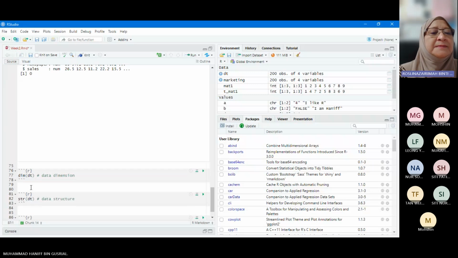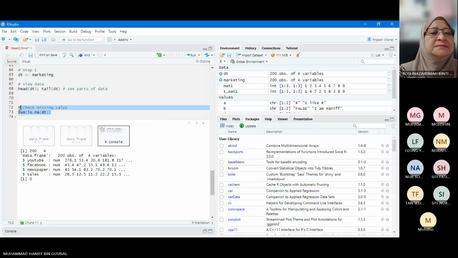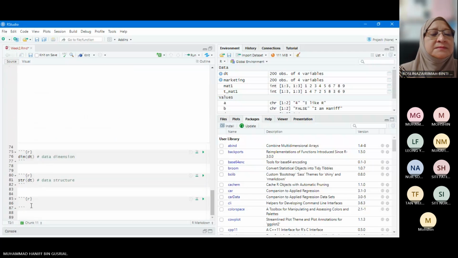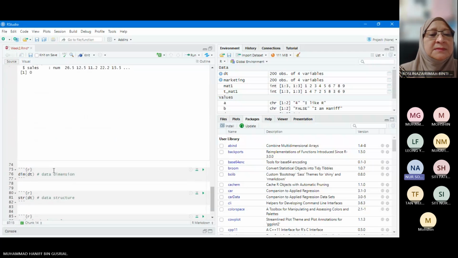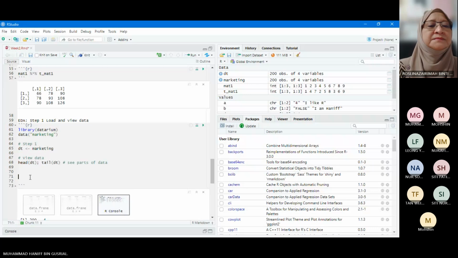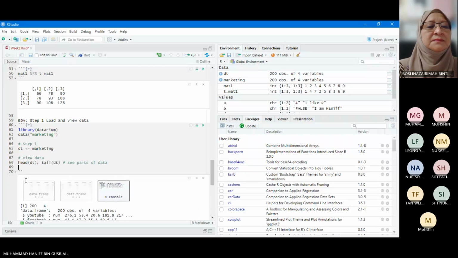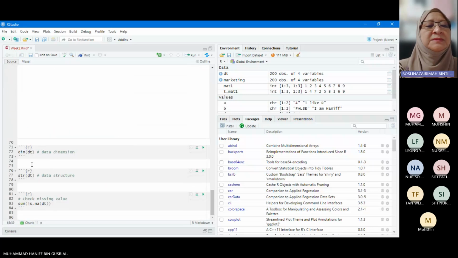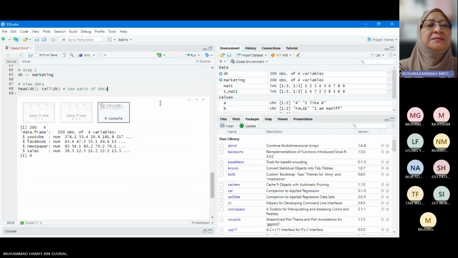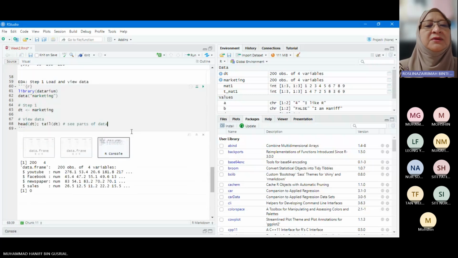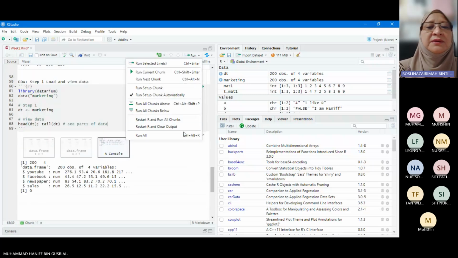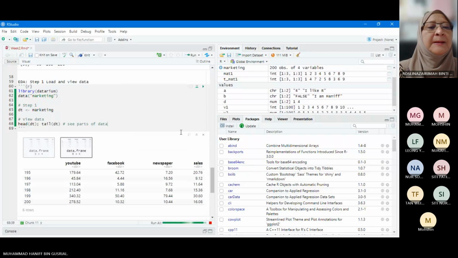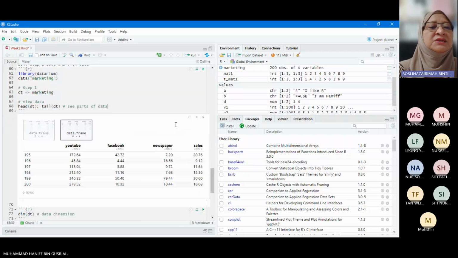Okay, good. Then you run again. Oh, it seems to have been erased. Sekejap. Okay, good. Then you run. Okay, so it is much clearer.